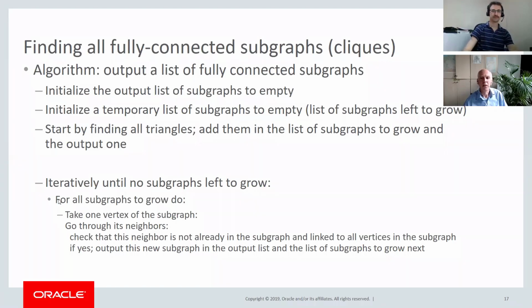And then based on that, you can pretty easily come up with an algorithm that would iterate over each triangle and then expand it by looking at the neighbors and check if that neighbor is already in the subgraph. If not, then it would check if all connections are in the subgraph. If not, discard it. If yes, it will be included in the subgraph, and so forth. So bottom line is, we don't have an algorithm out of the box that does this, but it is a very uncommon and pretty computationally intensive task. As we were saying, there could be a huge number of solutions here.